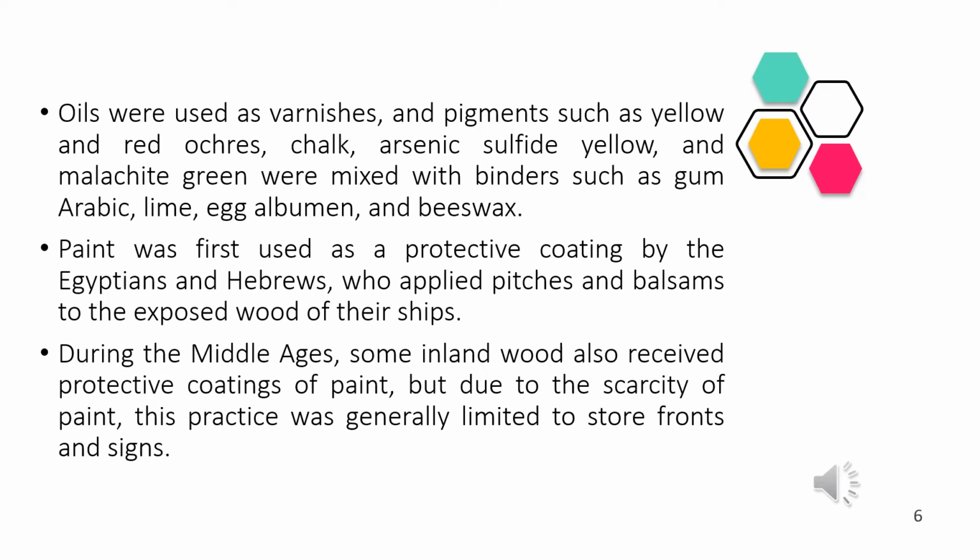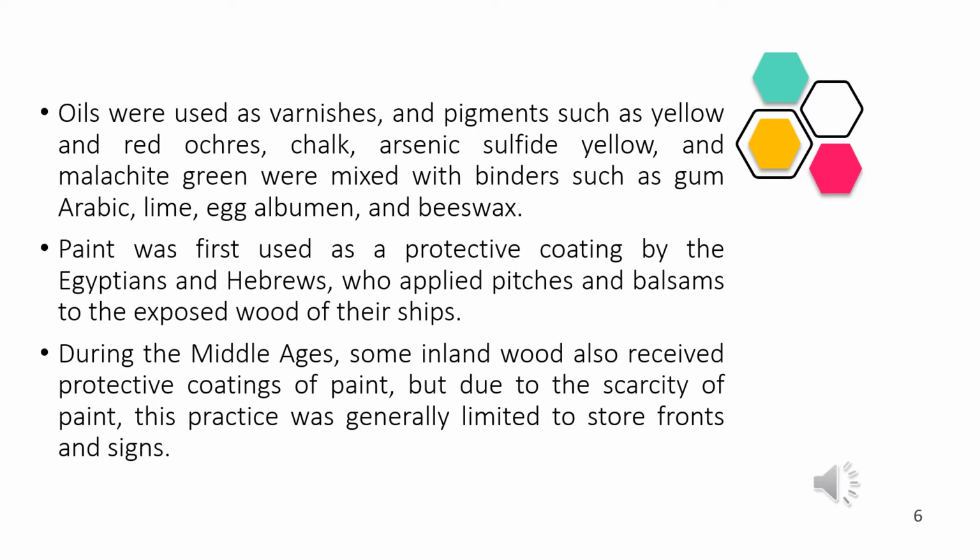Oils were used as varnishes and pigments such as yellow and red ochres, chalk, arsenic sulfide yellow and malachite green were mixed with binders such as gum arabic, lime, egg albumin and beeswax.